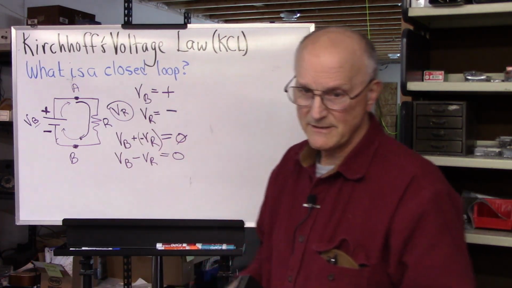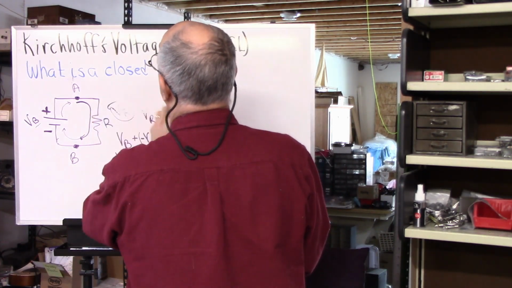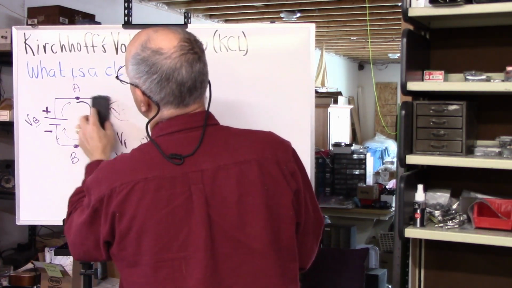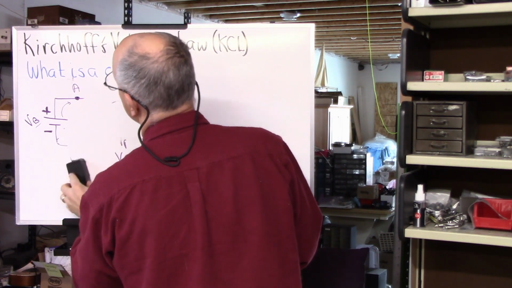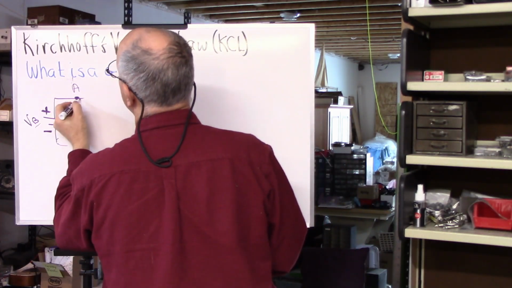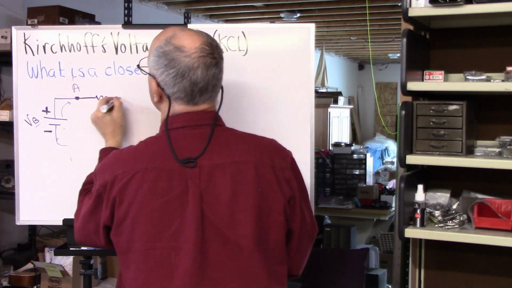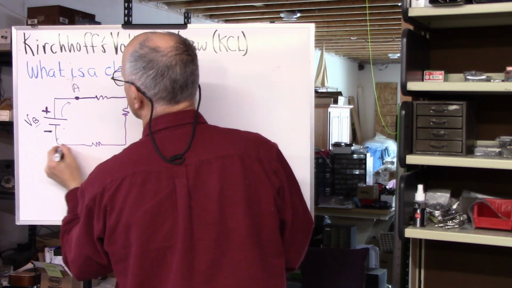All right, so let's consider a situation where we have more than just these two components. So now we're going to move through a resistor here, through a resistor here, come back to a resistor here.